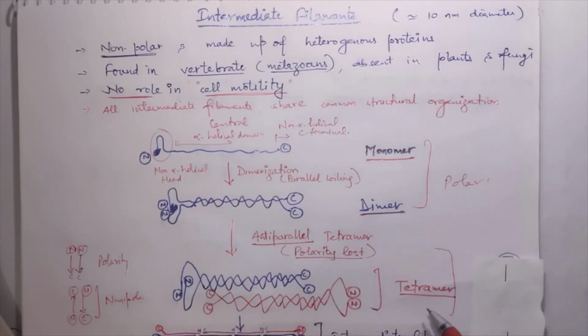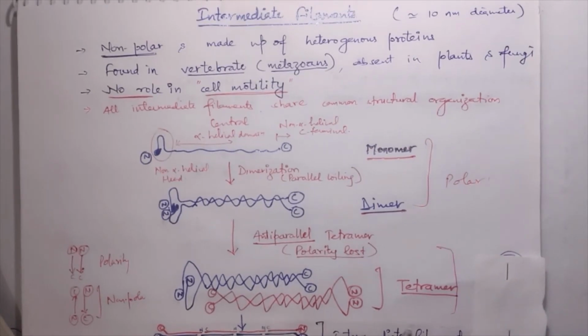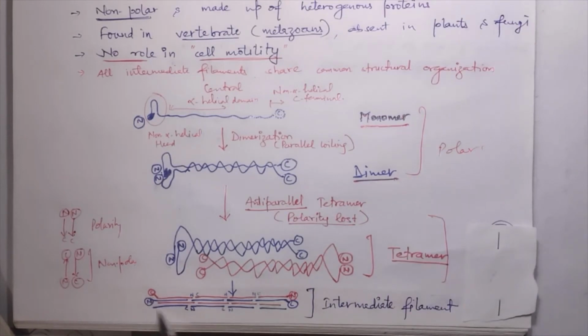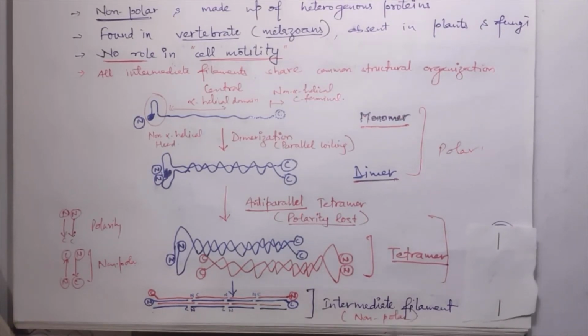These non-polar tetramers are arranged one above the other to form a polymer called the intermediate filament. So this is the structure of an intermediate filament. The N-terminal ends and C-terminal ends are found in mixed form at both ends of the filament. So it means these intermediate filaments are non-polar.